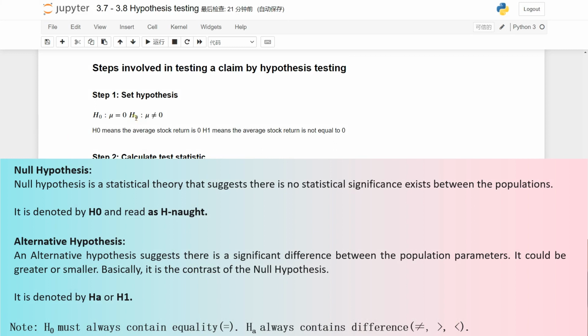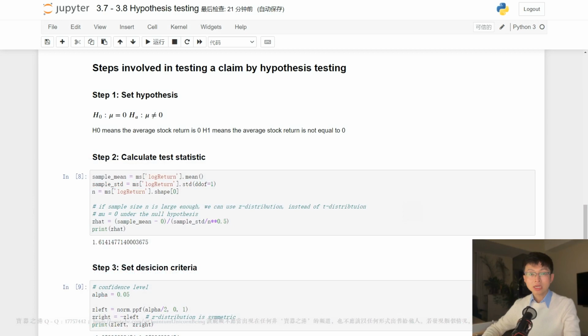In the example above, the null hypothesis is that the population mean, i.e. the average daily return, is zero. The alternative hypothesis is that the average daily return is not equal to zero. Whether to reject or not to reject the null hypothesis is a sample-based decision.